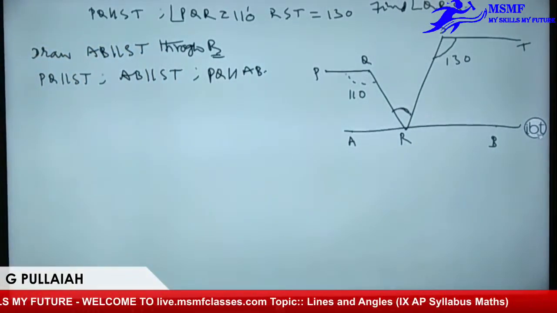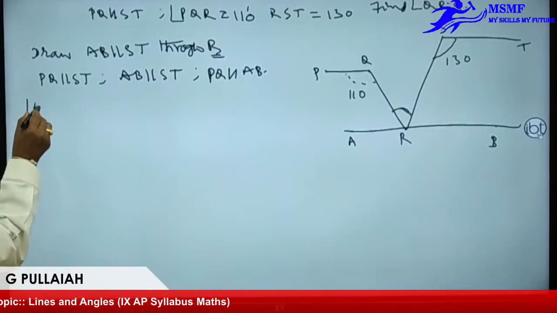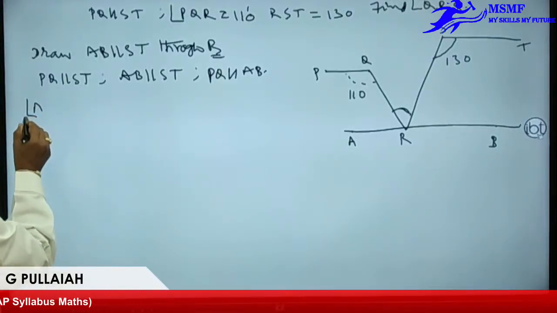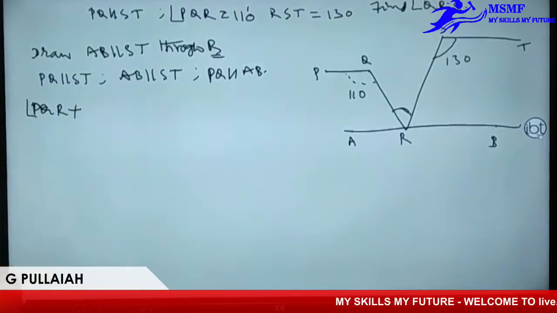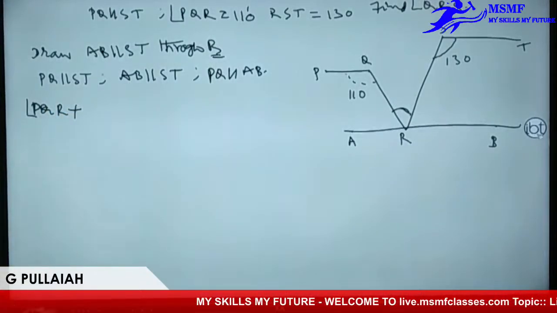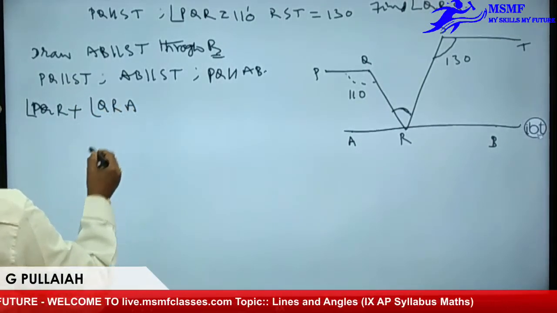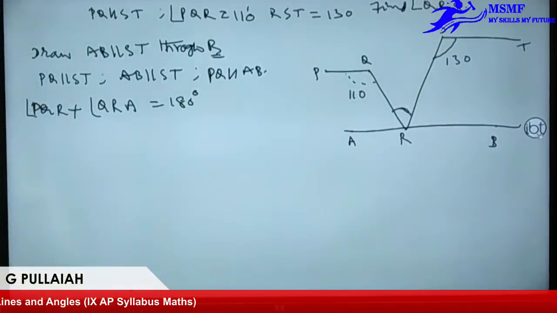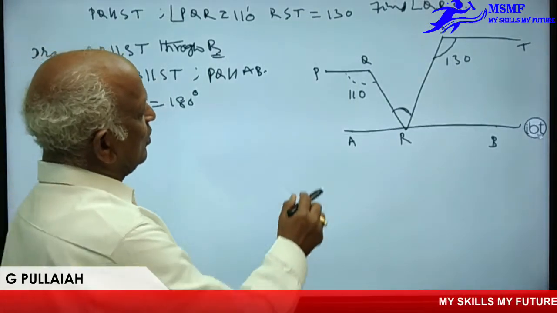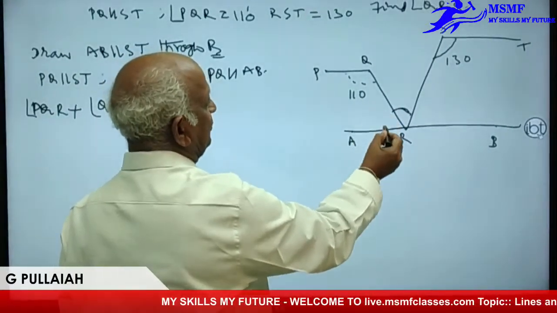If PQ is parallel to AB, we can say that angle PQR plus angle QRA is equal to 180 degrees. Observe angles PQR and QRA.